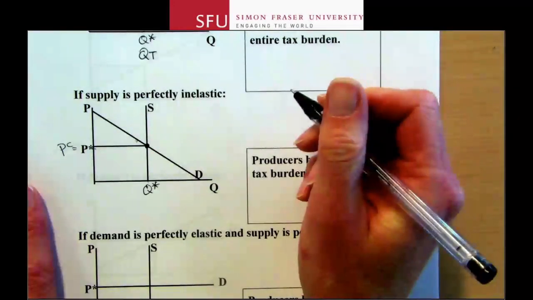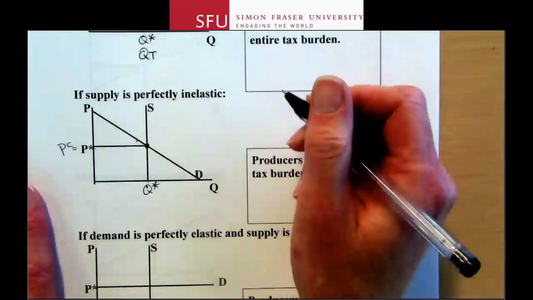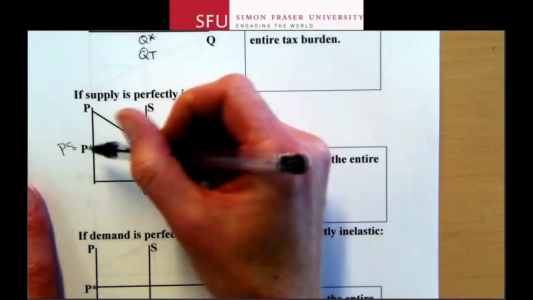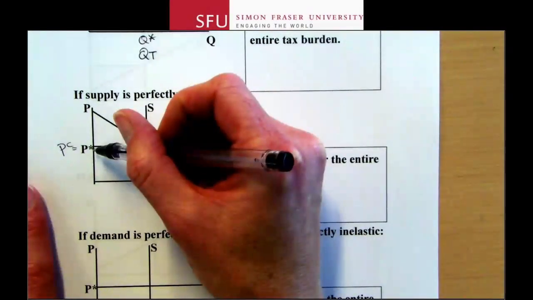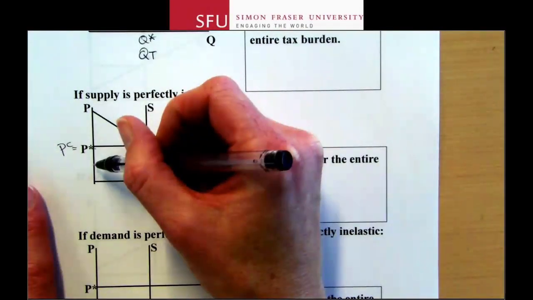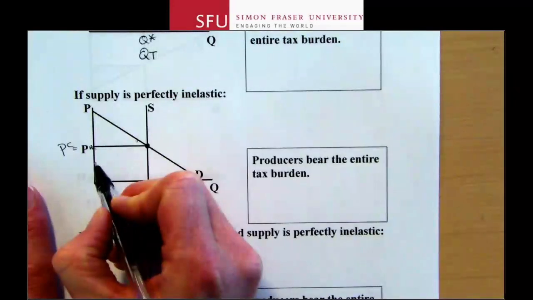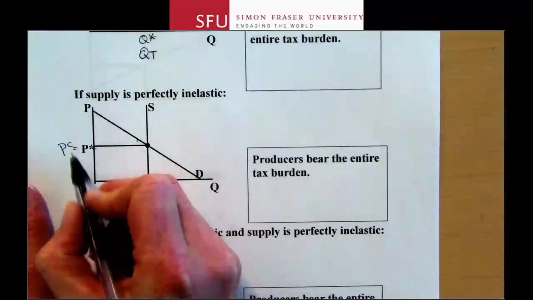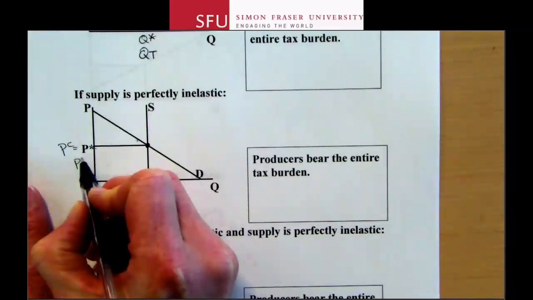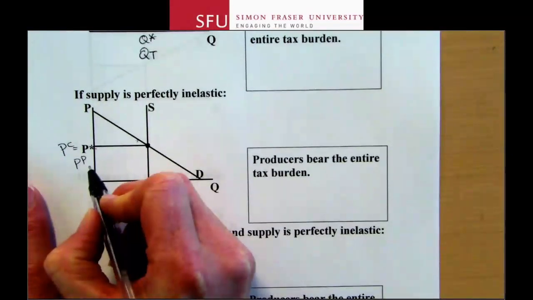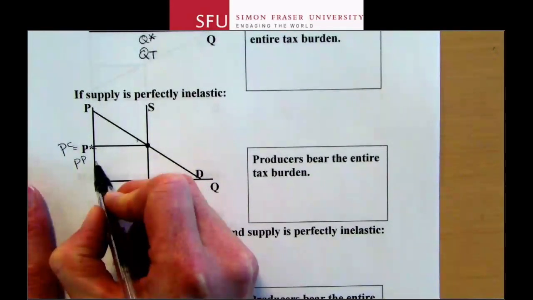Who's going to pay the tax then? Just the seller. So it's just going to suck for the seller because they used to get paid this price. Now they're going to get the price from the consumer and have to send part of it to the government. So however much that is, this minus the tax, however much that is, will lower the price that the seller gets to keep. So we can just draw that anywhere down here.